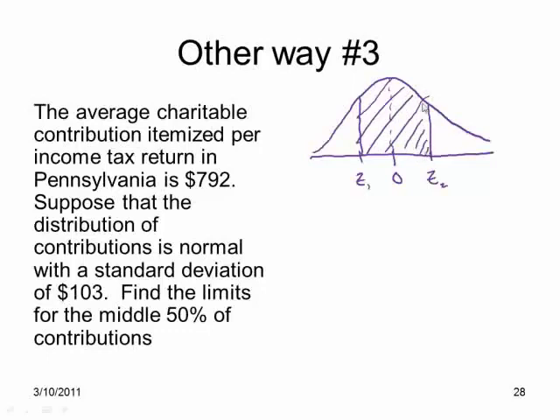Okay, but remember, when we do this, we have to put in all the left-tailed area. So if this middle part here is 50%, then this bottom part right here is how much? 0.25. So to get z1, we're going to have to enter 0.25 in for the area, correct? And for z2, we're going to have to enter in how much?